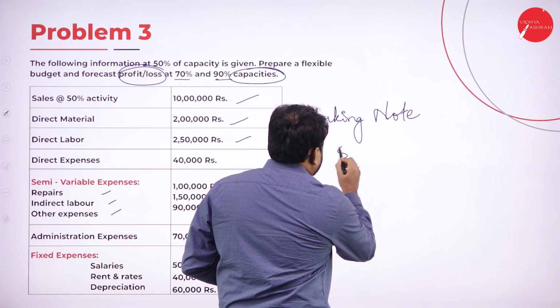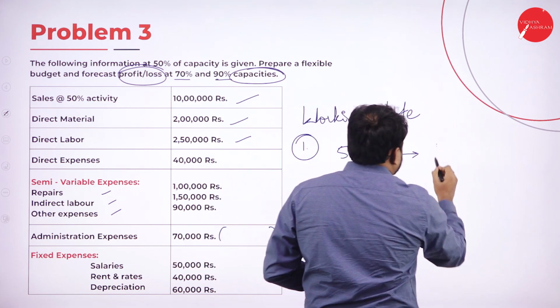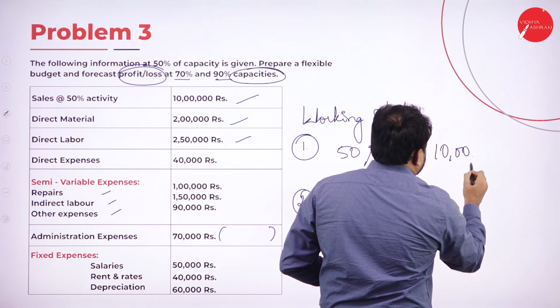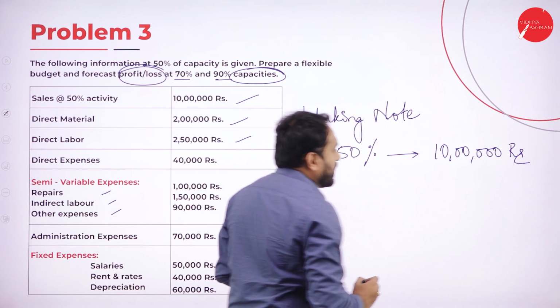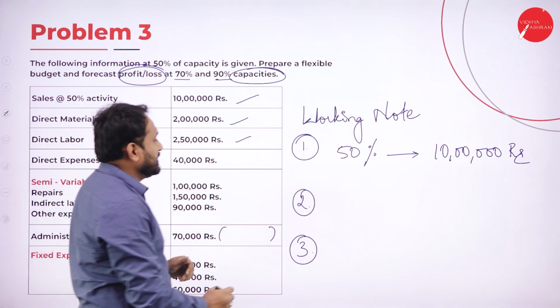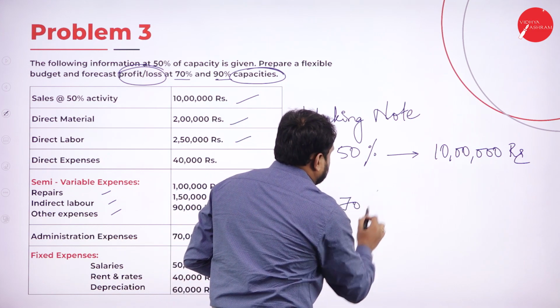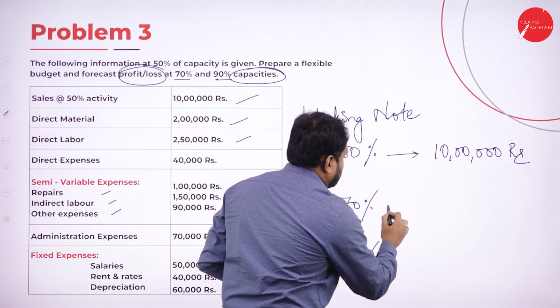That means here, 50% activity. Sales is how much? That is 10 lakh rupees. Now, second one, we are supposed to go with what? 70% and 90%.